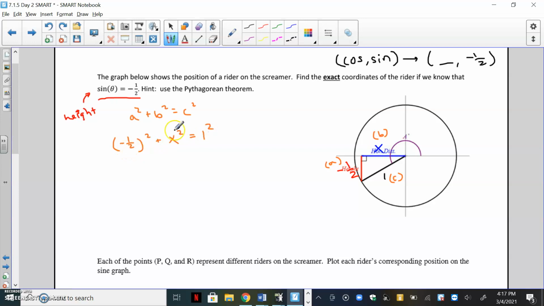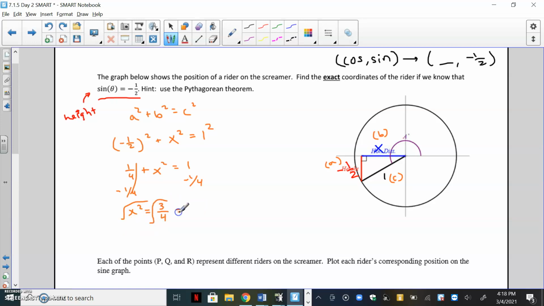Okay, plugged in my a, plugged in my b, plugged in my c, and then you simplify. -1/2 squared is 1/4, and 1 squared is 1. At this point, I'm going to go ahead and subtract 1/4 from both sides because I want to get the x term by itself. All right, so now to finally get x alone, let's square root both sides.